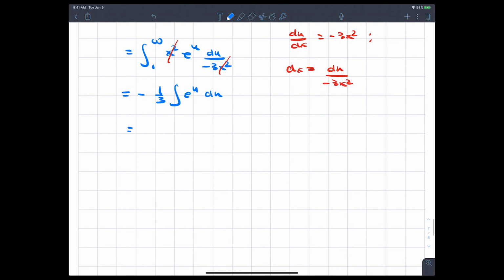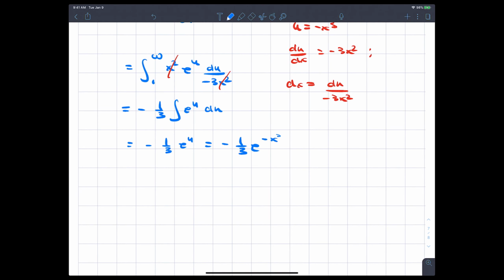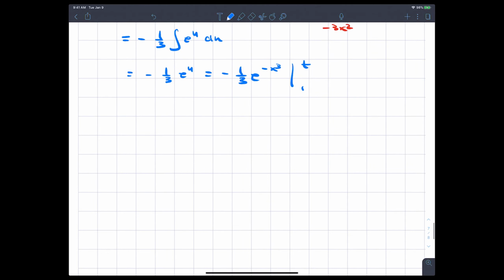And we know what that is. It's minus 1/3 e to the u, which is minus 1/3 e to the, we said u was minus x cubed. We evaluate that from 1 to t. So it's minus 1/3 e to the minus t cubed plus 1/3 e to the minus 1 cubed, which we get 1/3.